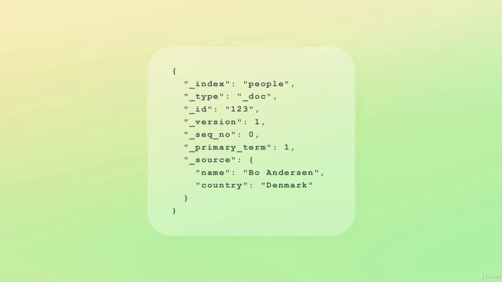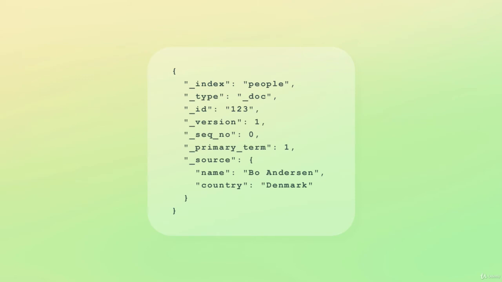Another meta field is the one named underscore routing, which you saw in the routing formula a moment ago. Since the default routing strategy uses the document's ID, you won't see this underscore routing field as part of the query results. That's because it's only added if you specify a custom routing value when you index documents. That's essentially what routing is.